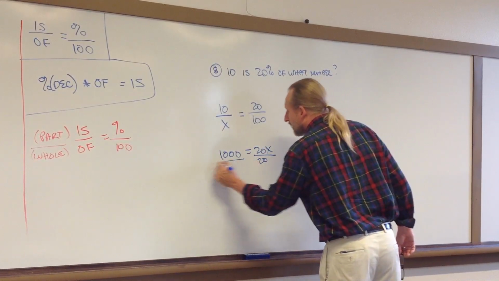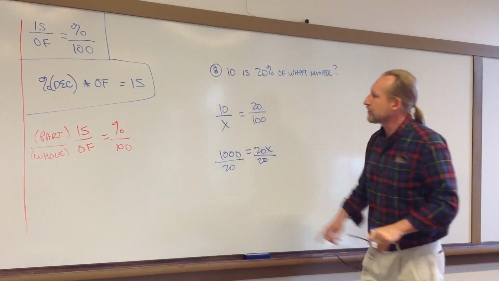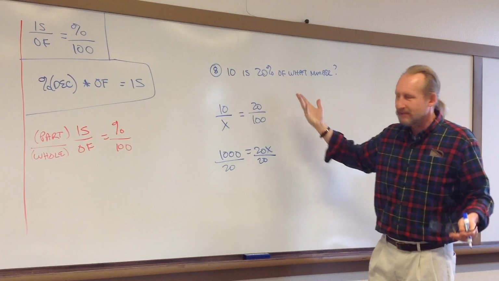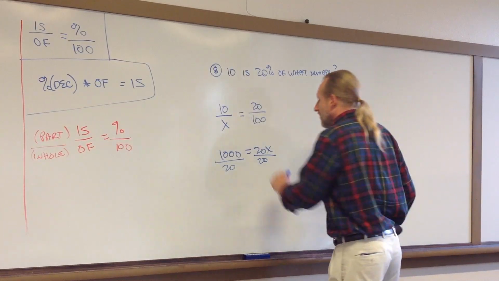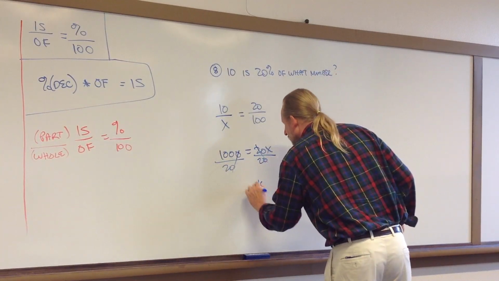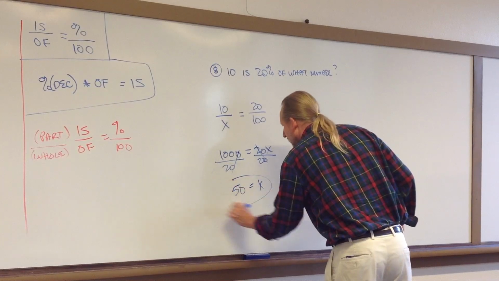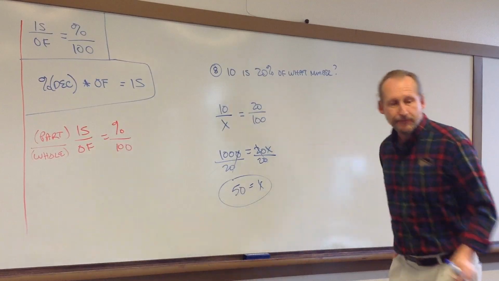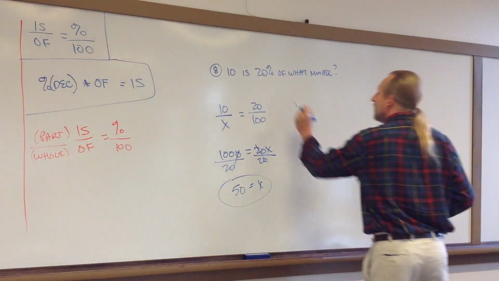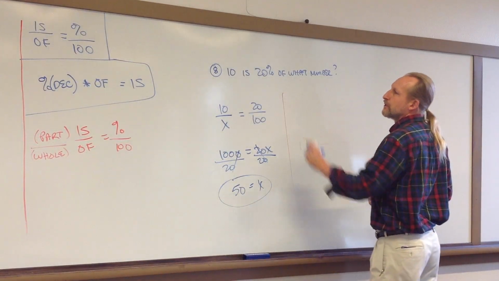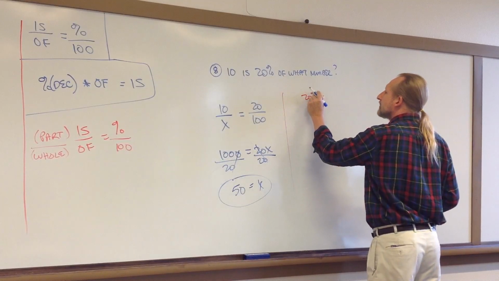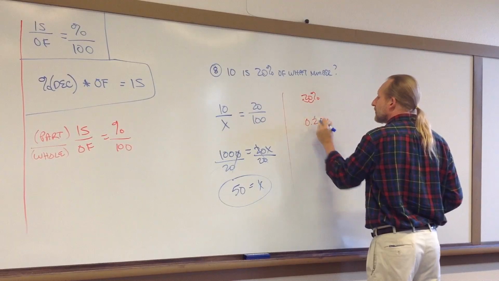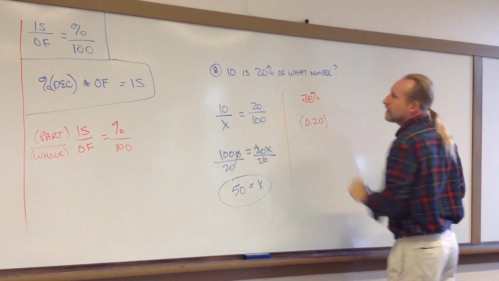And then we'll divide on both sides by 20. And again, if you just want to go 100 times 10 divided by 20, you can do that as well. Okay, and so here we get x equals 50. And if you want to do it the other way, the percentage as a decimal is going to be 0.2 or 0.20, however you want to go about it.